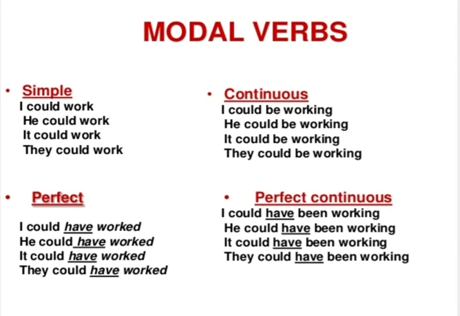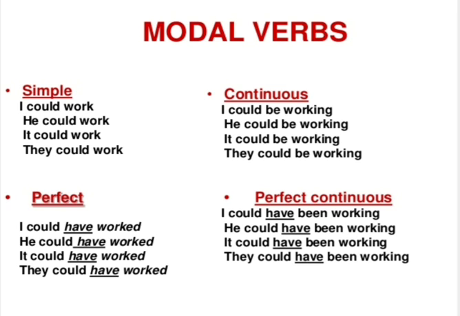Now let us see different kinds of sentences, different tense forms, like simple. I could work, he could work, it could work, they could work. Now if we want to use the verb in continuous form, it can be I could be working, he could be working, it could be working, they could be working.